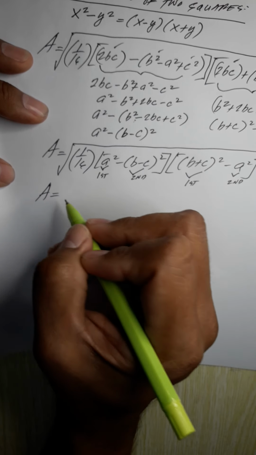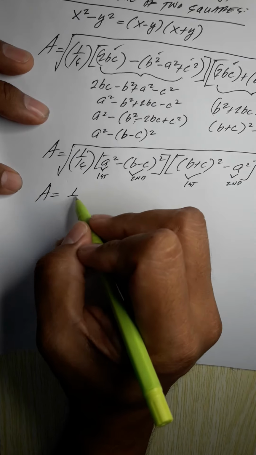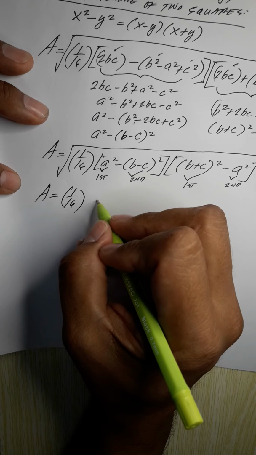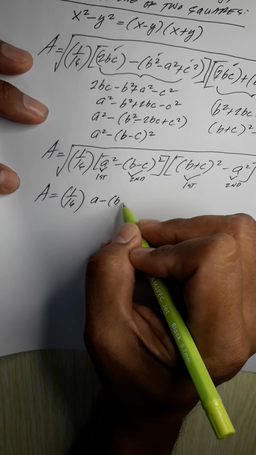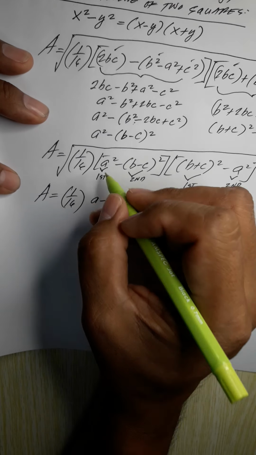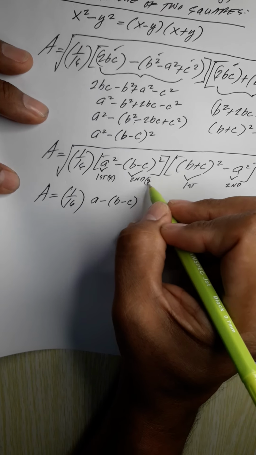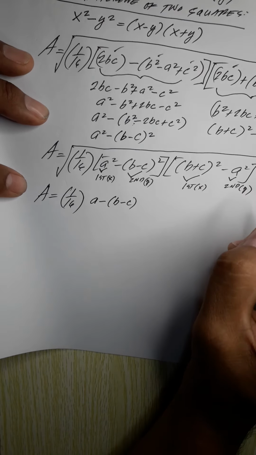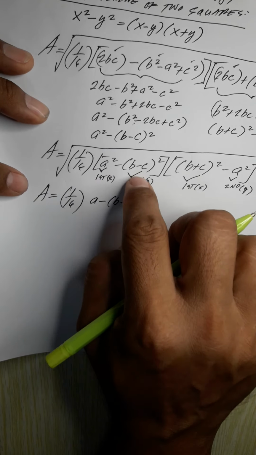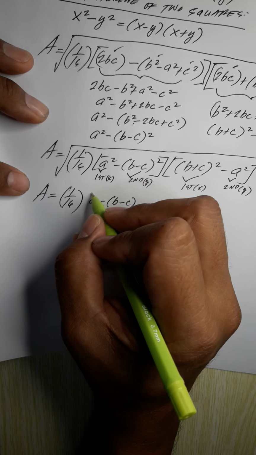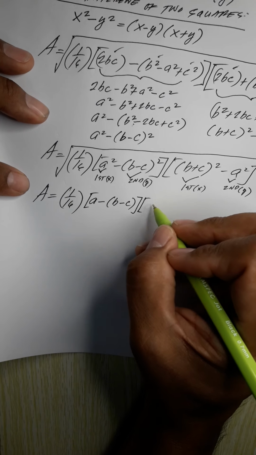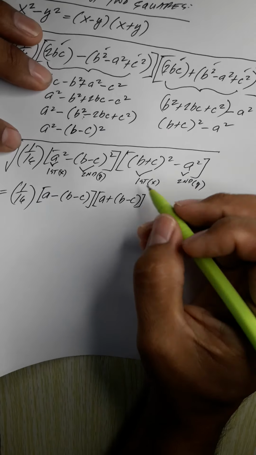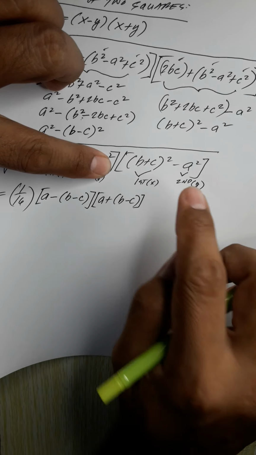So A is equal to 1/16 times A minus B minus C. This will be our X and this will be our Y. Here, this will be our X, this will be our Y. So we focus on this term, then A plus B minus C. Okay, and then we go to the next one.